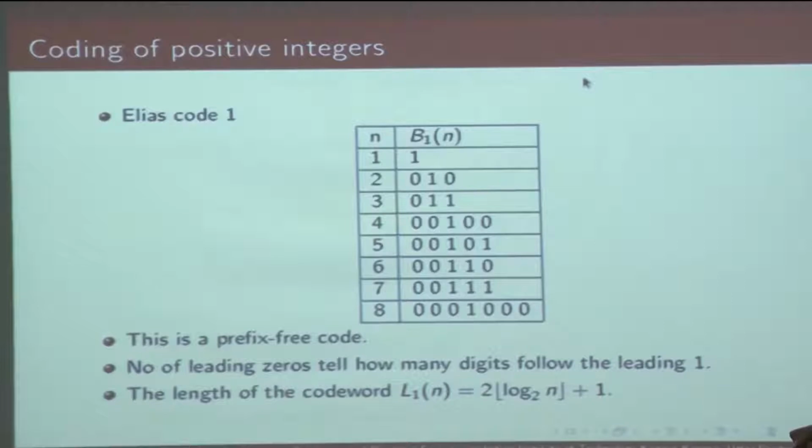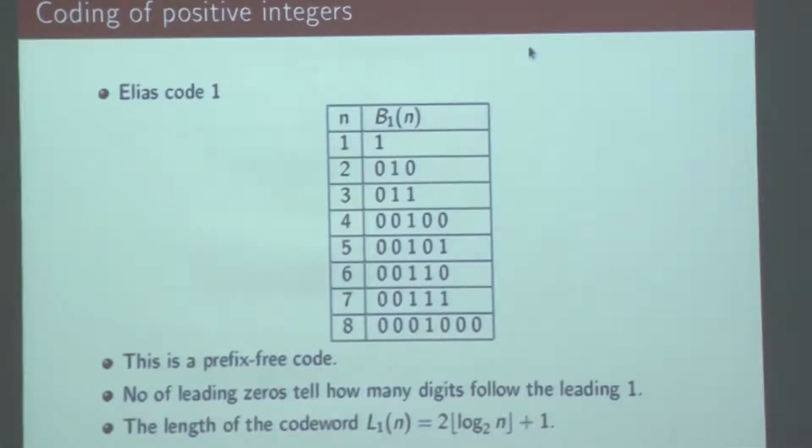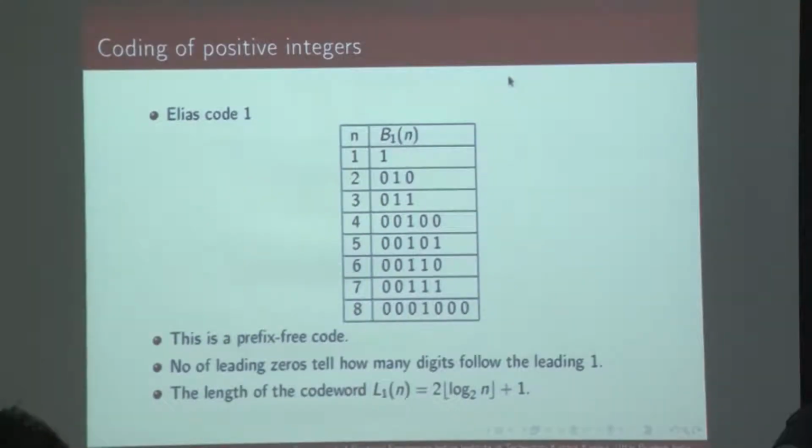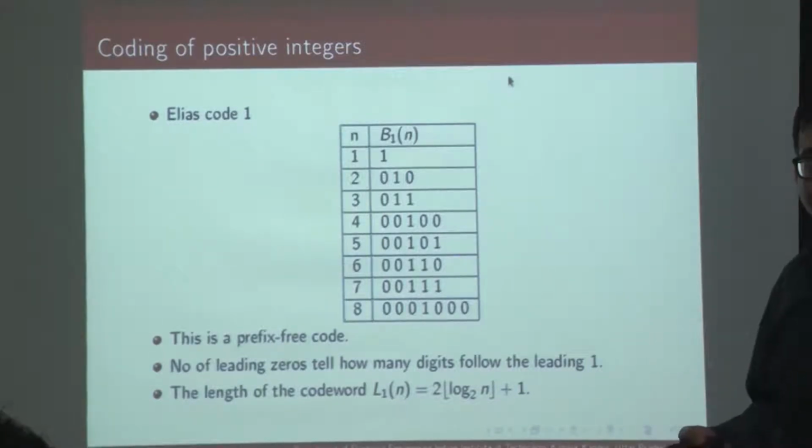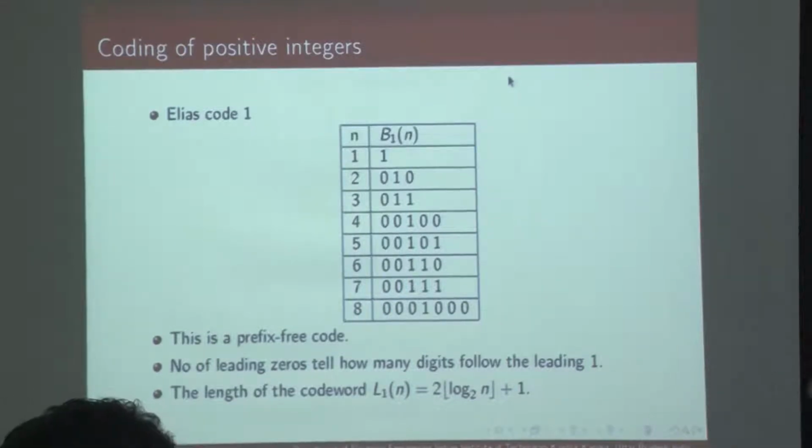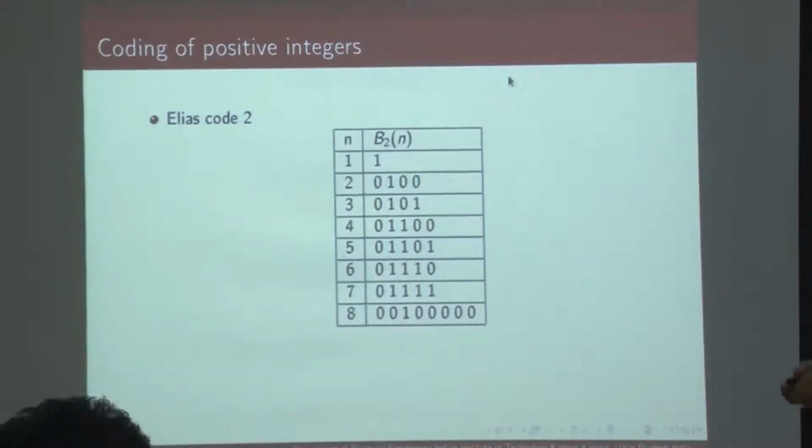So it is a prefix free code, but the number of bits required is almost double the binary representation. My next question is, can we reduce it? Can we have a prefix free code which will probably have a lesser number of bits than alias code 1? The answer is yes. So let us look at alias code 2.